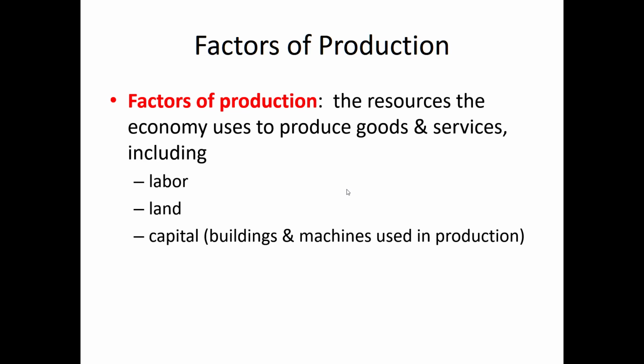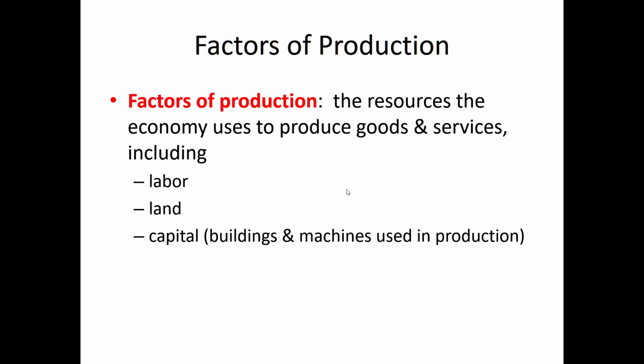For instance, we are all born with the factor of production, labor. We sell that to the firms. We go to the job market, we look for a job, we sell our labor, and in return we get wages. Now, some people have other factors of production, for instance, land.